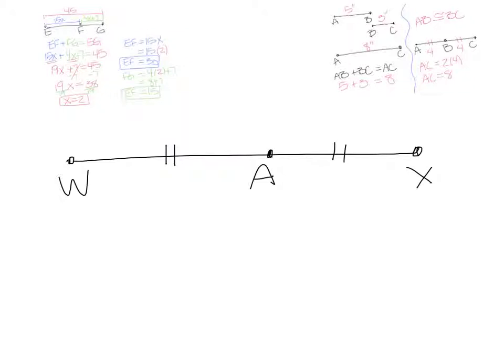So let's just write a little statement that we know. We know that WA is the same as AX. But we also know that it takes 2 of the short segments, WA or AX, to equal the full thing of WX. Both of these are going to be very helpful statements.